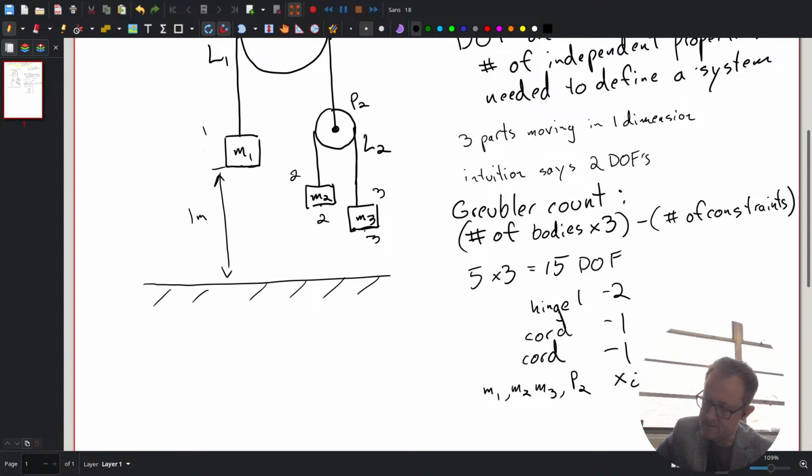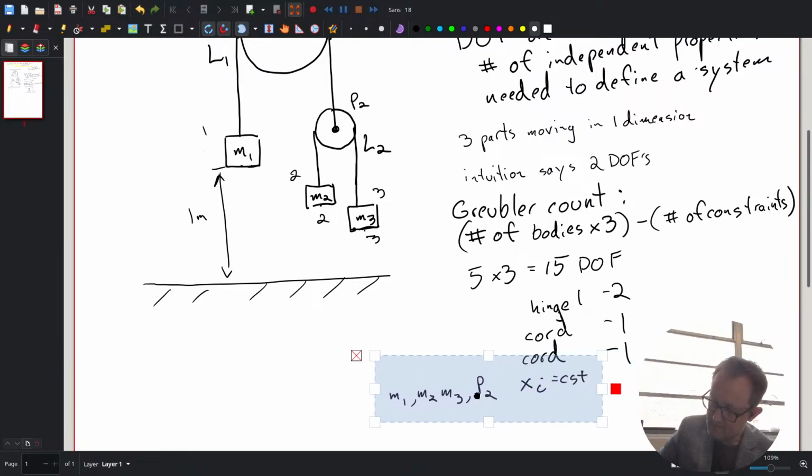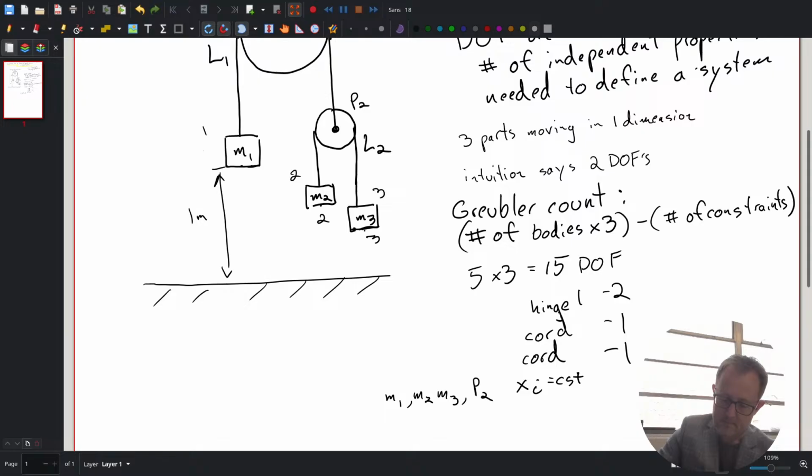So 1, 2, 3, and 4, where xi is constant. Maybe I should move that one over because that one's just describing my constraint. If this is my x displacement, maybe left, right, we could call it x.